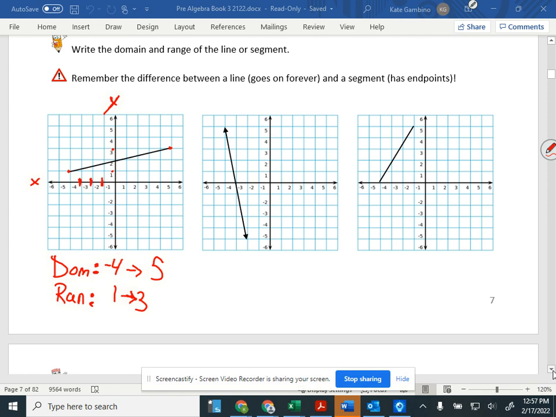So let's look at our second figure. See if you can figure out what it would be.